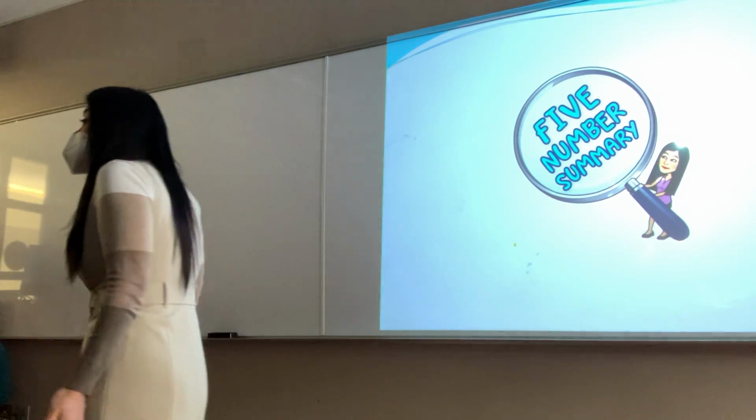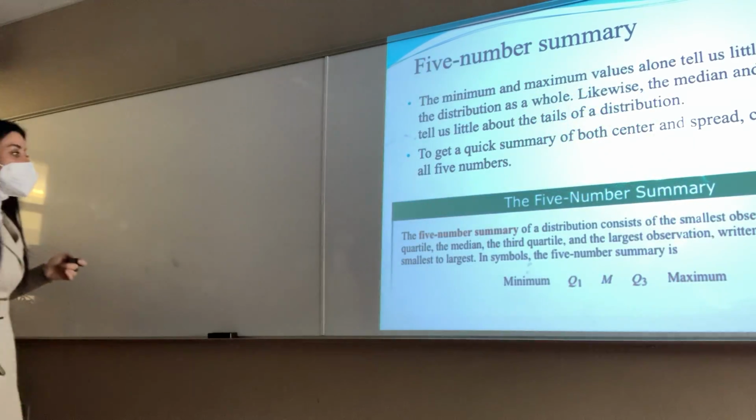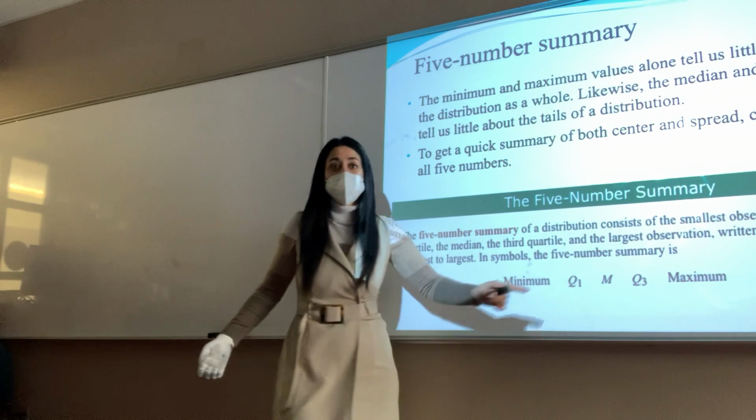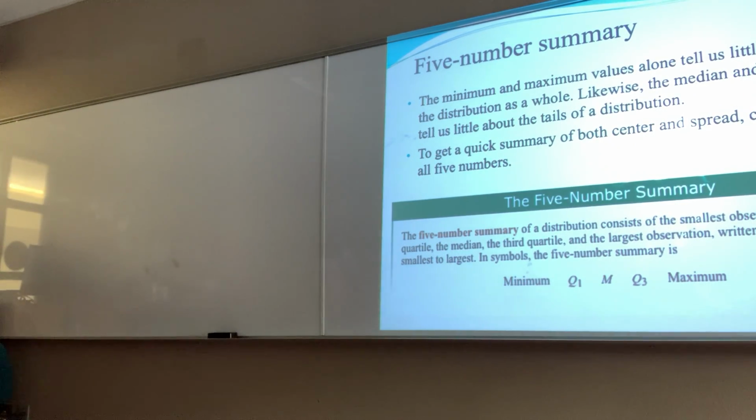Again, these all help us to divide the data set into 4 equal parts, because Q1, Q2, Q3 are all midpoints dividing the data set, right? So we are going to use these 5 important numbers, not just because they are very accurate. We can use them to draw a new graph.